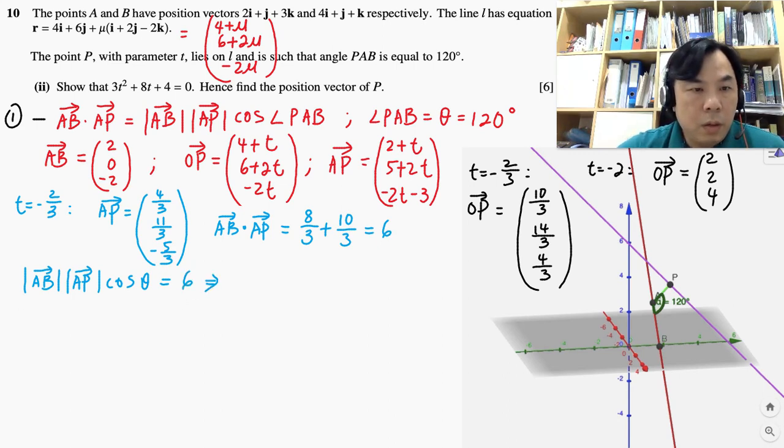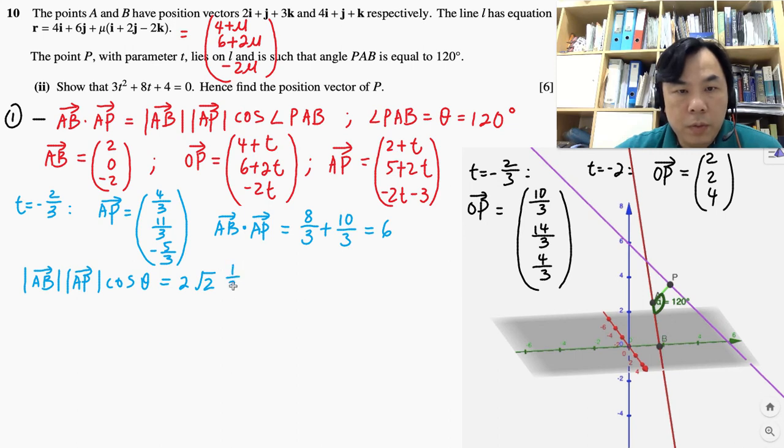For AB, we have already found that it is root 2, and then for AP, that will be the square root of 4 squared plus 11 squared plus 5 squared, over 3.